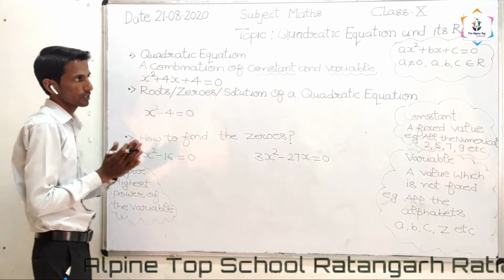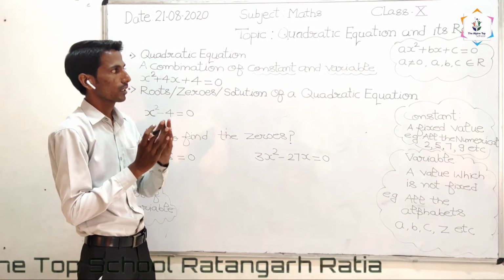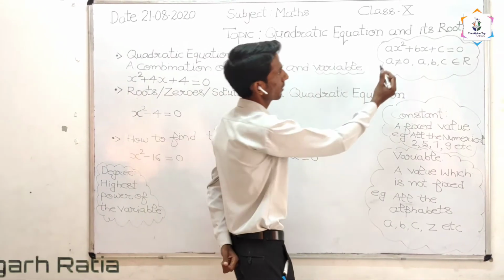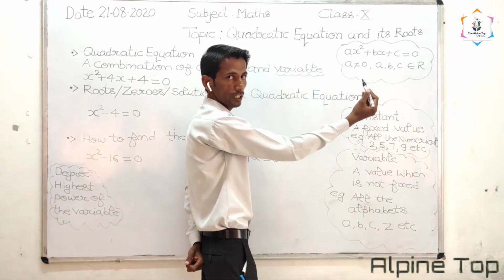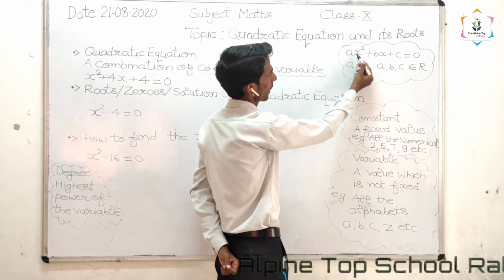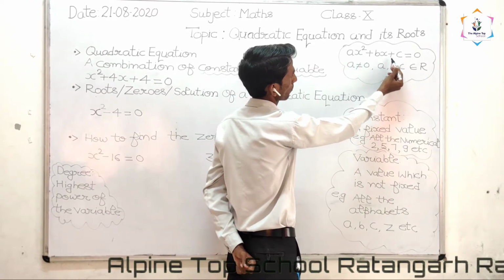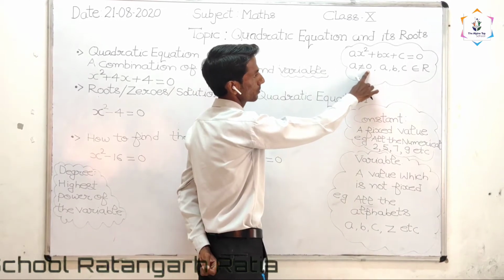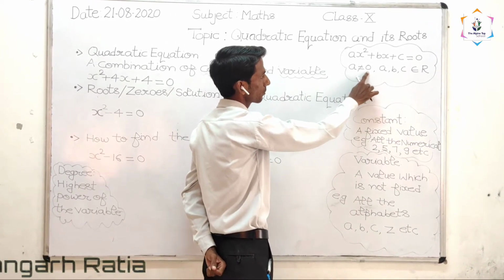Now, students, firstly I want to tell the mathematical form or standard form of a quadratic equation. As I have noted here, the mathematical form of a quadratic equation is ax square plus bx plus c is equal to 0. Here a is not equal to 0. Why is a not equal to 0?